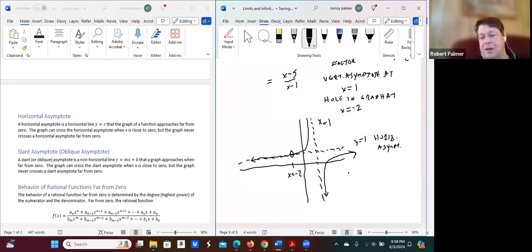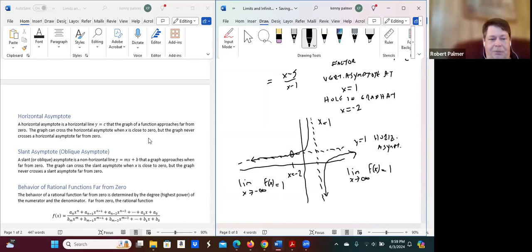What this says is the limit as x goes to infinity of f of x is equal to 1. Over here, the limit as x goes to negative infinity of f of x is also equal to 1. They're both equal to the same value, and in a moment we'll learn why that's the case.